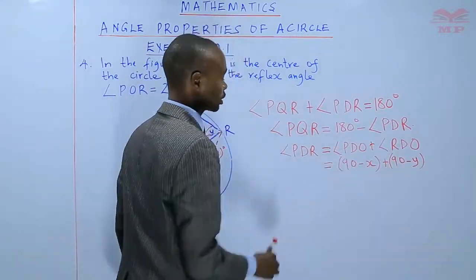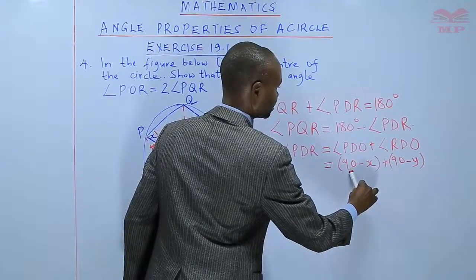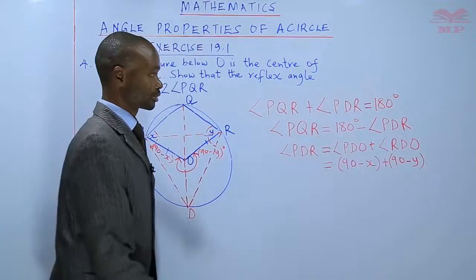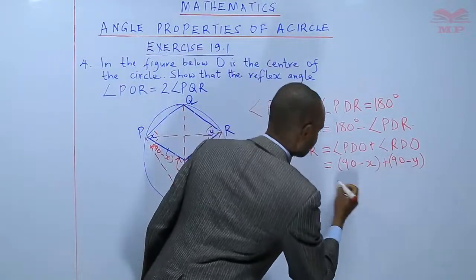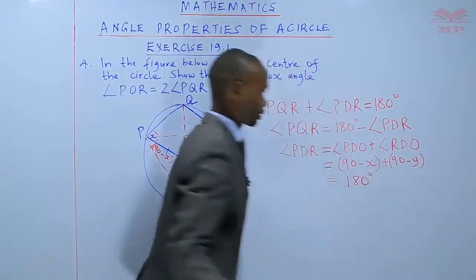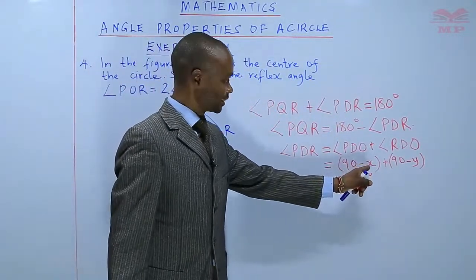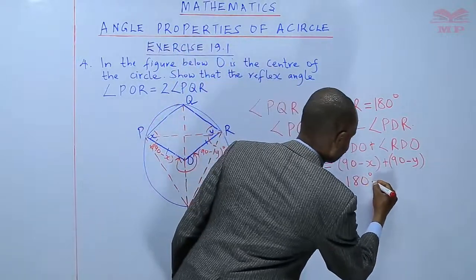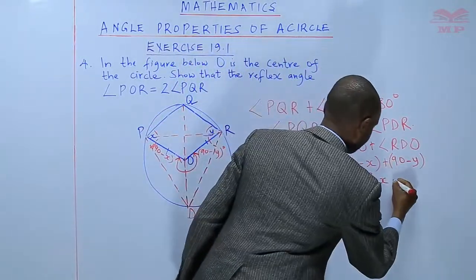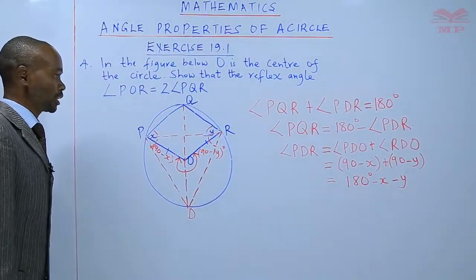So you go to a computation. Start with this 90 plus 90, what do you get? You'll get 180 degrees. Then we have minus x minus y. That is the value of angle PDR.